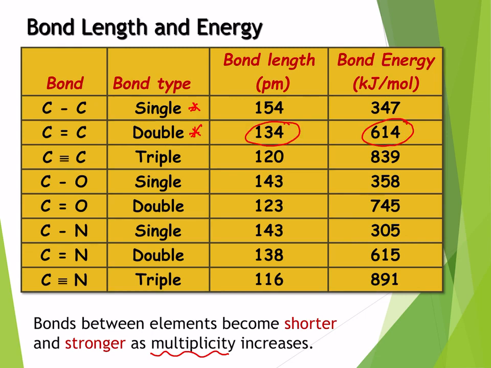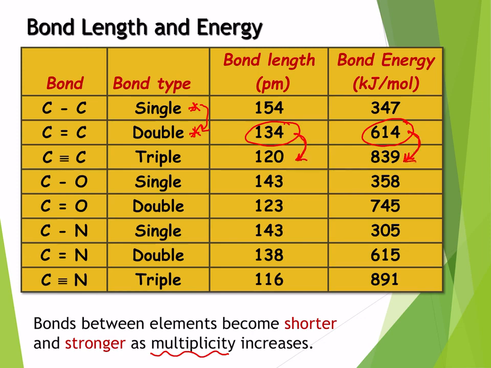So as multiplicity increases, going from single to double, we get shorter bonds and stronger bonds. If we then look at double to triple, we get even shorter and even stronger bonds.